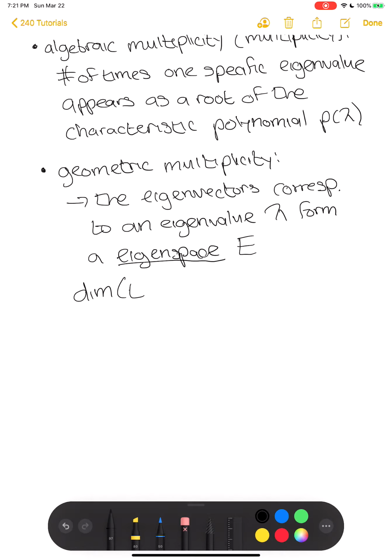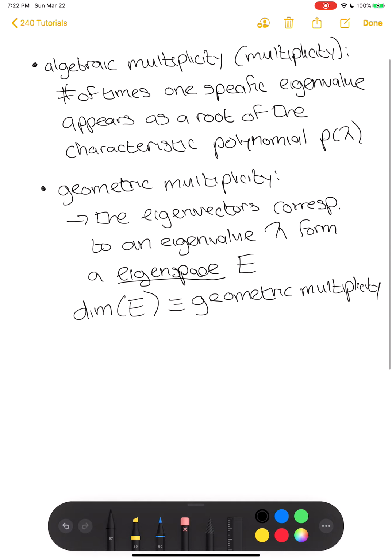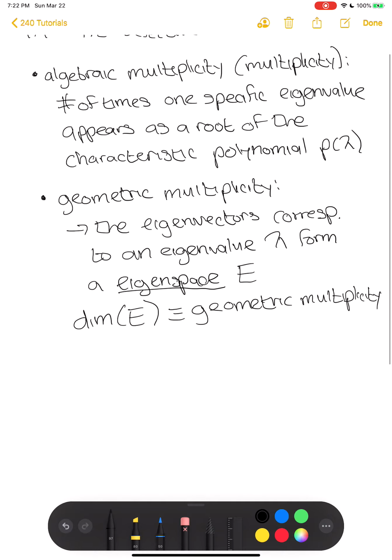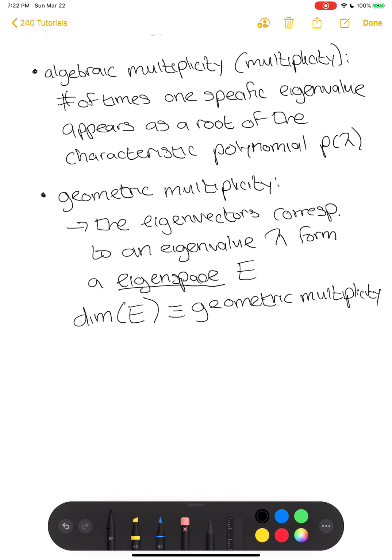You take the dimension of E for a particular lambda, that is defined to be the geometric multiplicity. Okay, so these are just definitions. We'll actually see them in use in a second, but I just wanted to write them down for now. Okay, so let's go ahead and do an example.